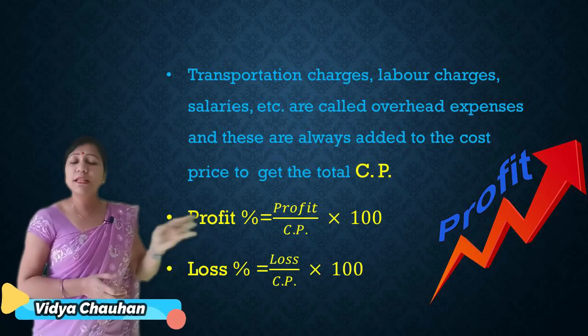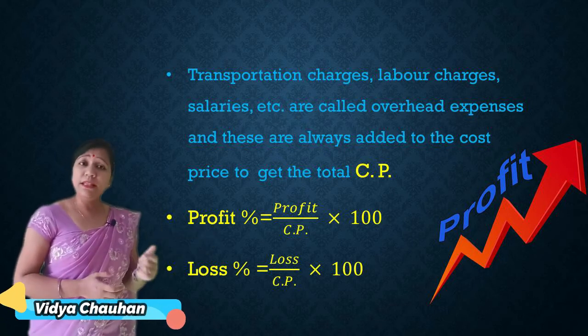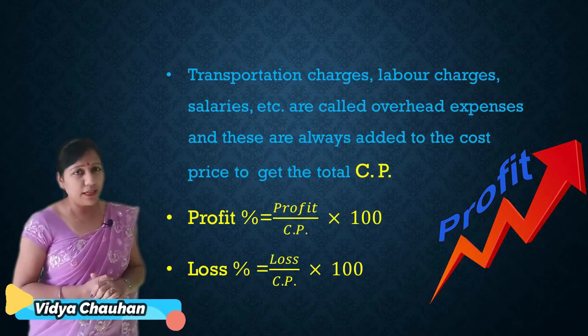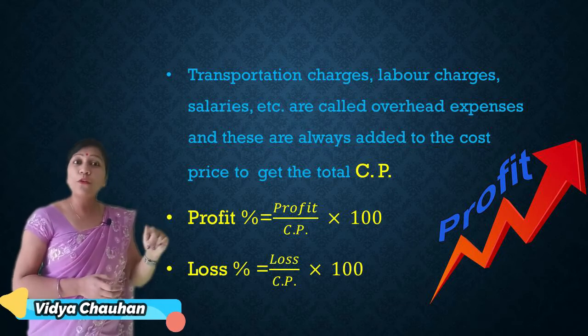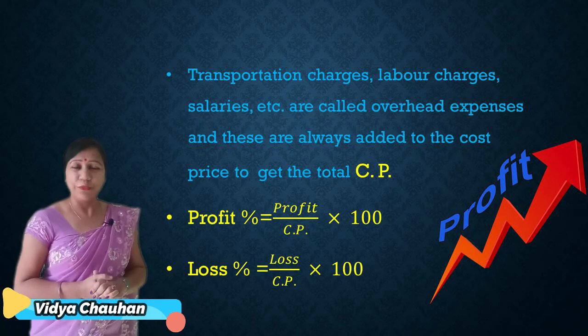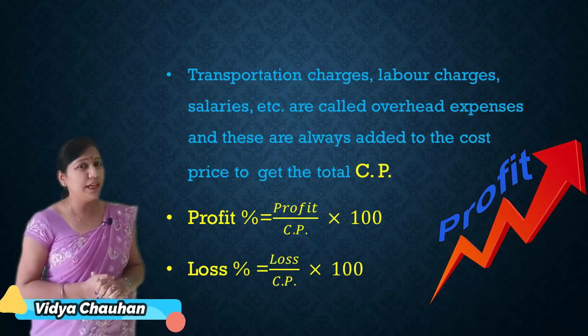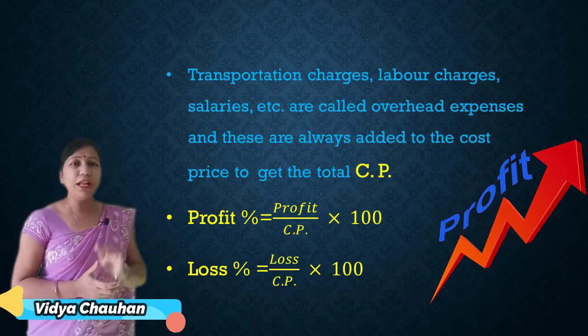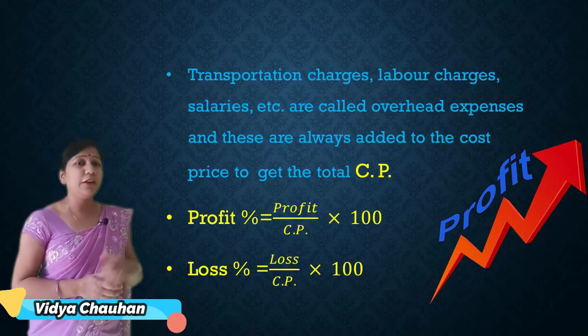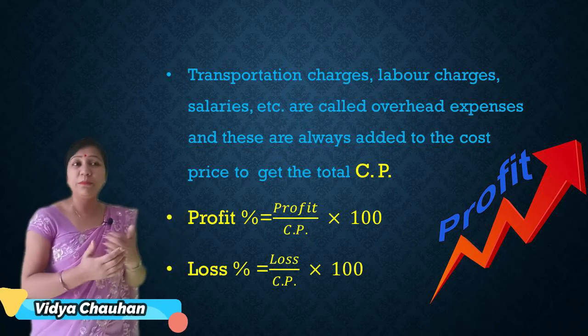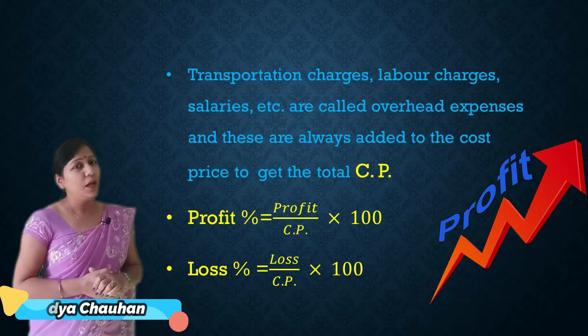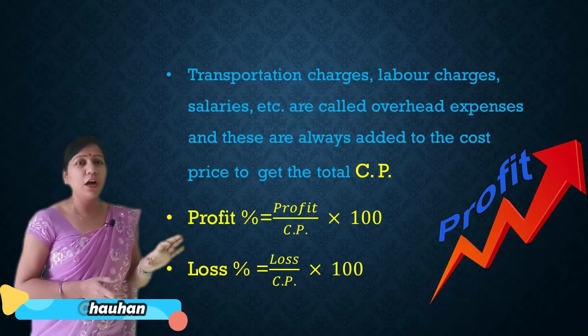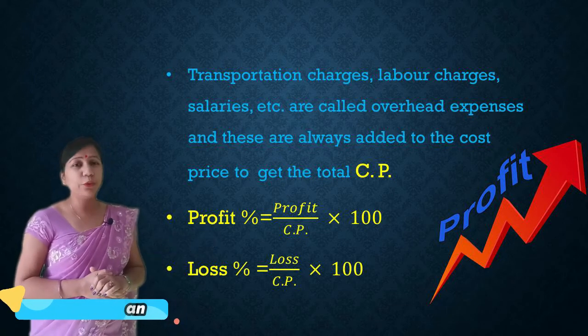After this, we have already discussed how to calculate the profit and loss when selling price and cost price are given to you. In the next case, if it is said that you have to find profit percent, as we have already discussed percentage, so if the profit value is there and it is said to find the profit percentage, that means how much percentage of the profit is there, how are you going to find that?